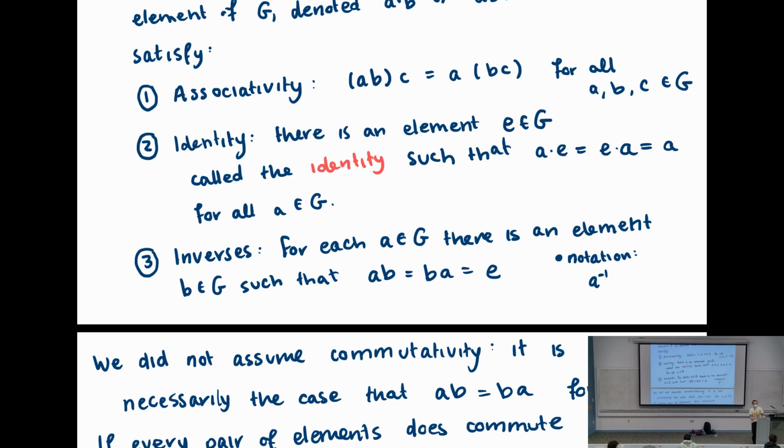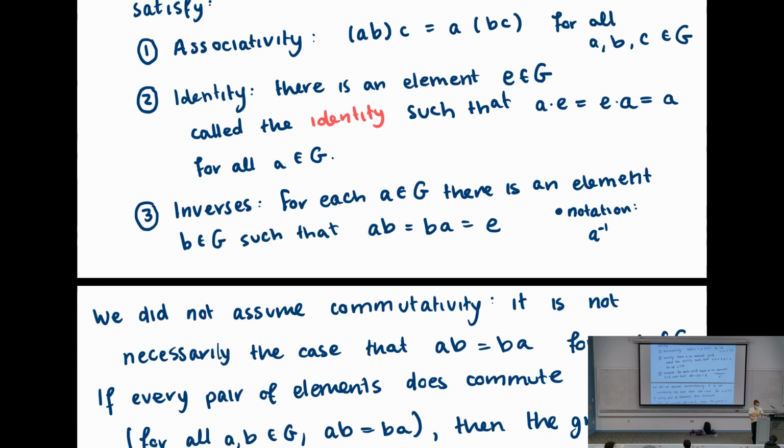Can anyone think of an example of a group where, yeah, I saw your hand first. So if you're in a group of real numbers, the identity is 1, and so A times B is 1, and B times A is also 1. Yeah, okay. So the identity is always its own inverse. So that's one example.